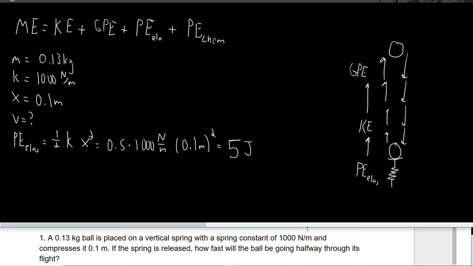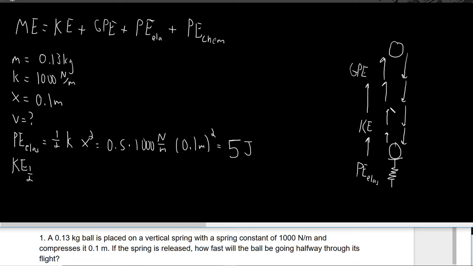So the question then says halfway through its flight. So right away we have the elastic potential energy. Immediately when it leaves the spring, all of that elastic PE has become kinetic energy. Halfway through its flight, let's call this the kinetic energy at the halfway point.